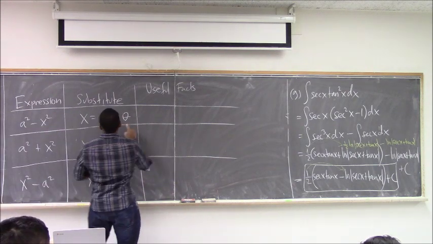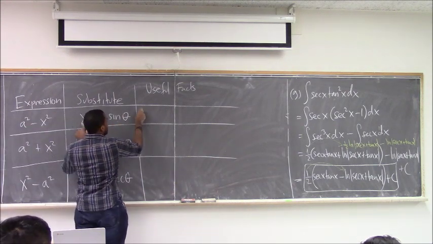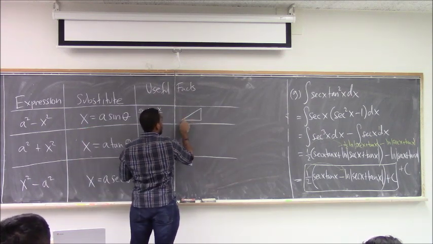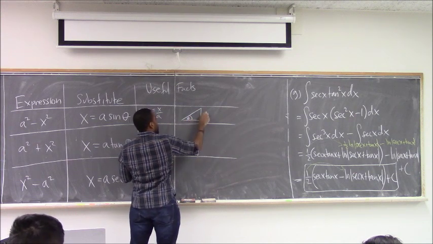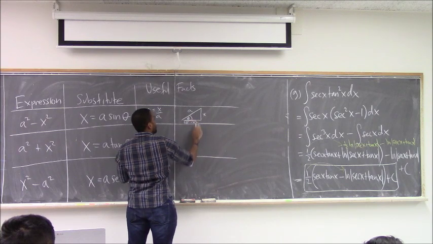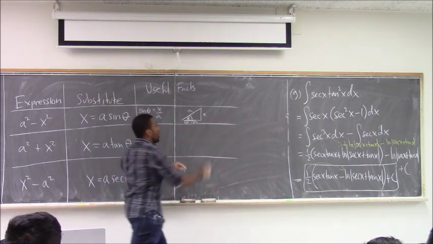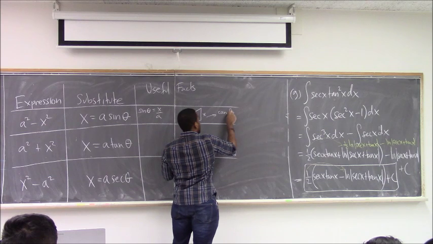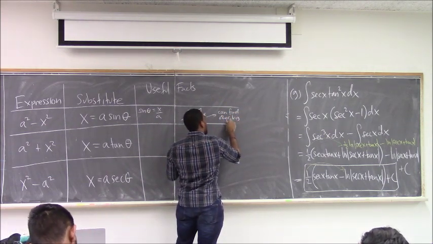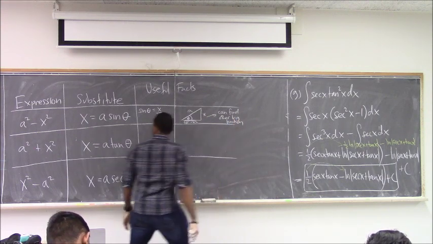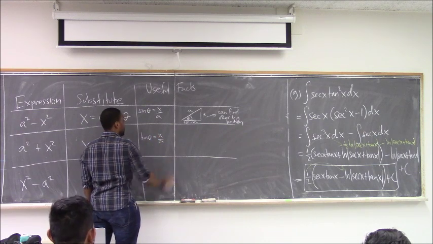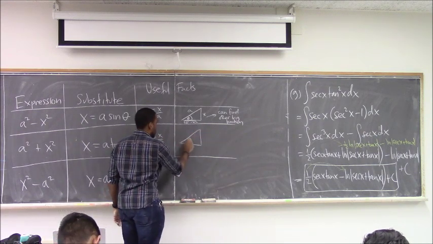Basically, if our x is a sine theta, this means that sine theta is going to be x over a, which means I'd be able to draw a triangle where this is opposite over hypotenuse, and this is going to be the a squared minus x squared. And notice from this I can construct all other trig functions and find other trig functions. Similarly here, if my tangent theta is x over a, this leads to a triangle.